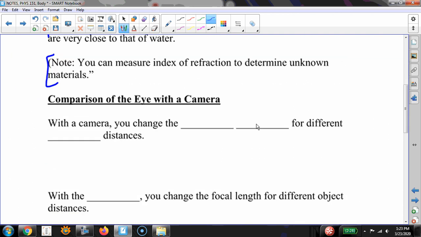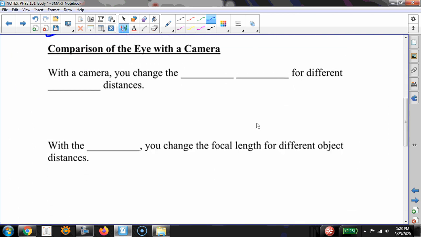Let's look at the comparison of the eye with a camera. With a camera, you change the image distance for different object distances.